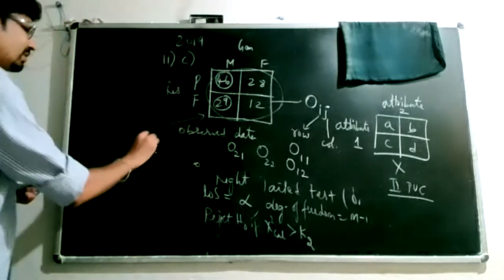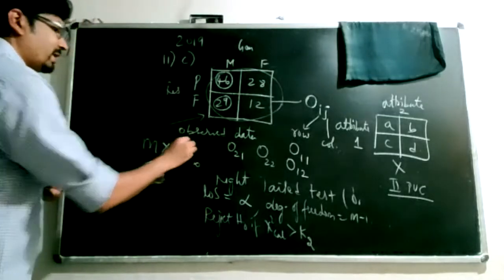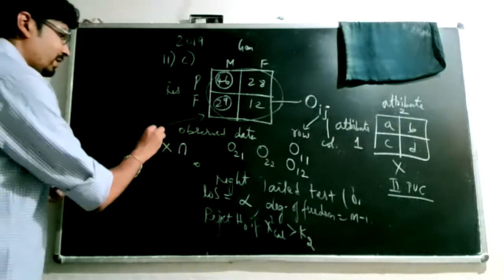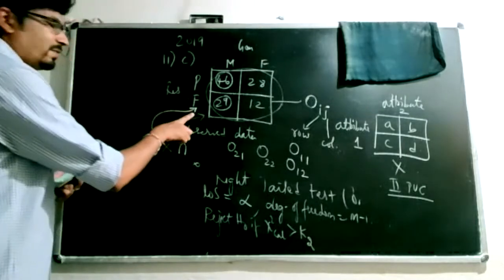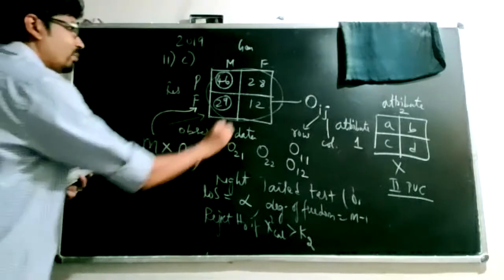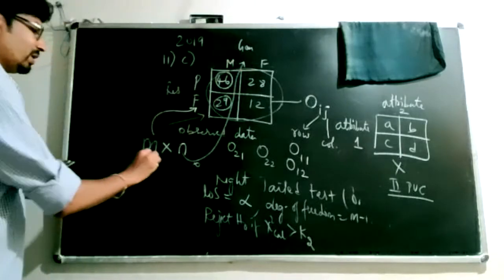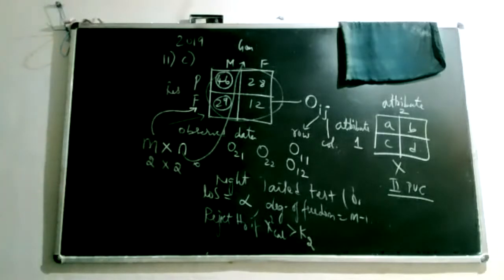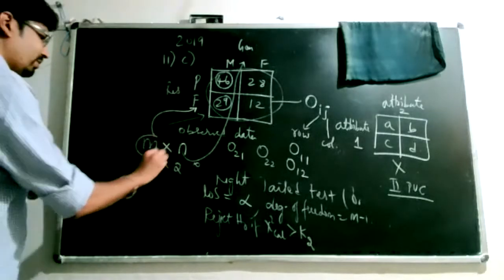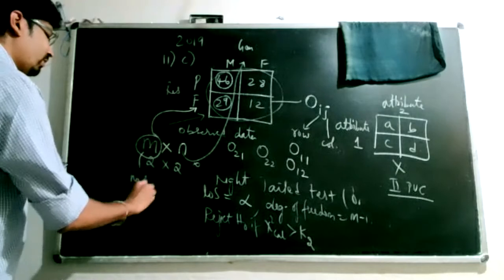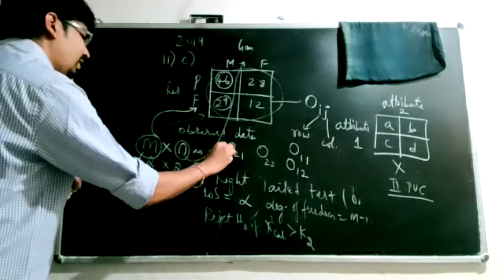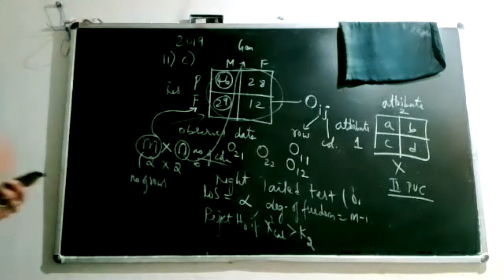So in general, this table is said to have m cross n possibilities, where m is the number of possibilities for the first attribute and n for the second attribute. In this example, both m and n are 2. To simply remember, m is the number of rows and n is the number of columns in the observed frequency table.